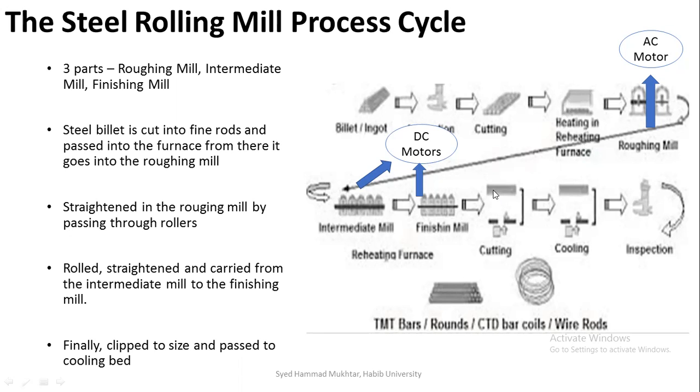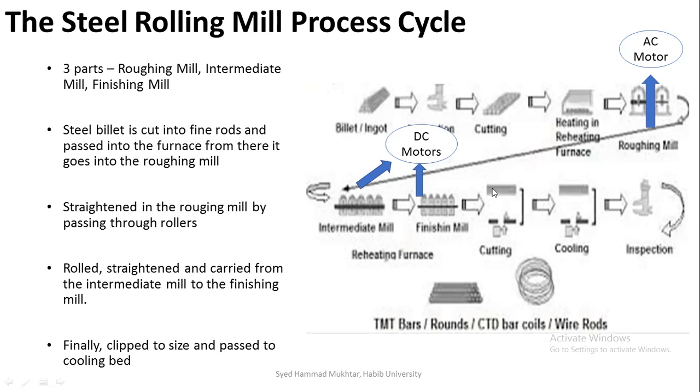The number 7 to 15 depends upon the size and capacity of the rolling mill. And not all of the 7 to 15 DC compound motors operate at the same time. Rather, the number operating at the same time depends on the type and size of the steel that is ordered.